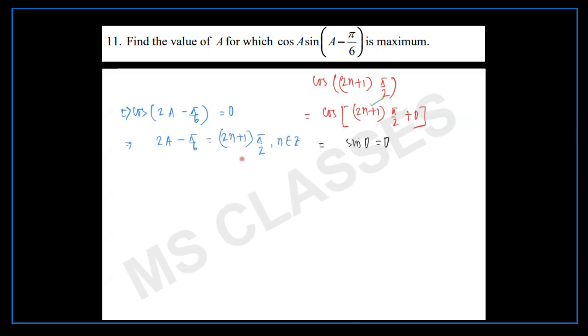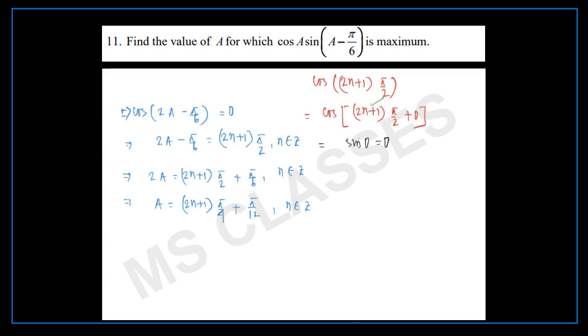Because cos of some angle being 0 means that angle should be some odd multiple of 90. Now from this, we can say that 2A = (2n+1)pi/2 + pi/6, where n belongs to the integers. And this gives us A = (2n+1)pi/4 + pi/12, where n belongs to the integers.